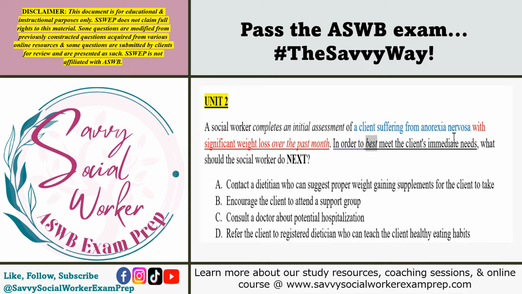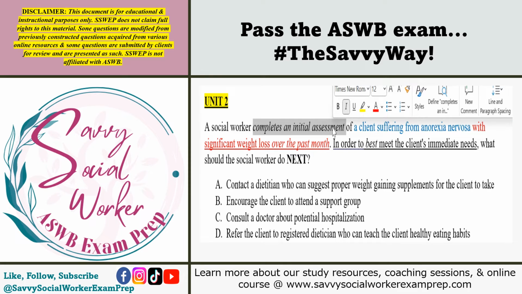And so in this situation, it tells me that my client is suffering from anorexia, but over the past month she's lost a lot of weight. So I'm going to go right there in that situation, and it's asking me what should I do next. So usually when you have a next question, you're looking for the last thing that the social worker already did, if anything. In this case, the only thing that she's done was she's completed an assessment.